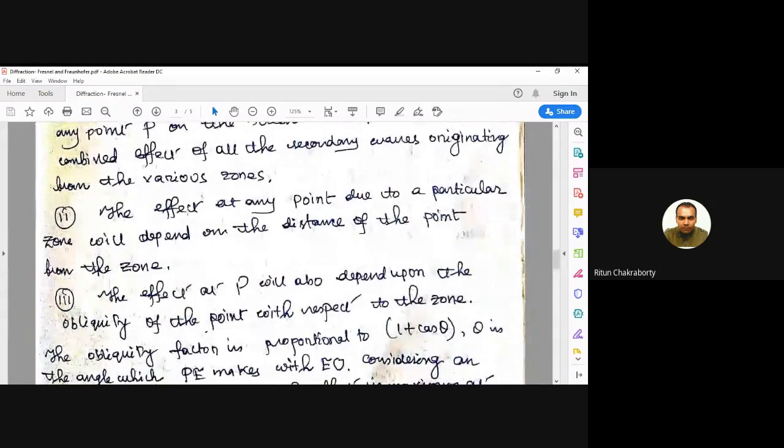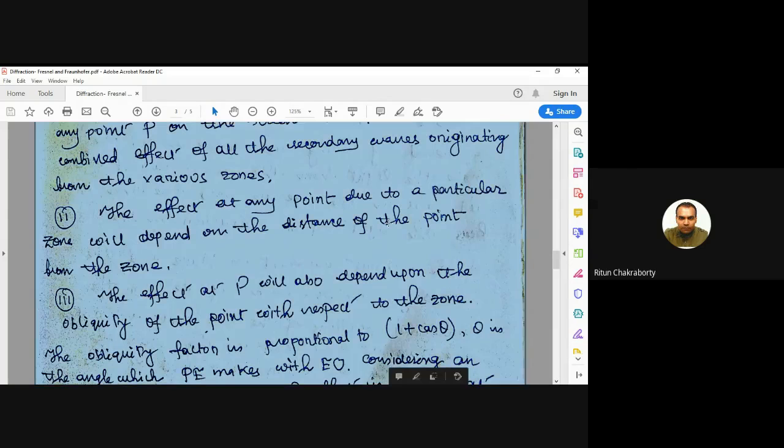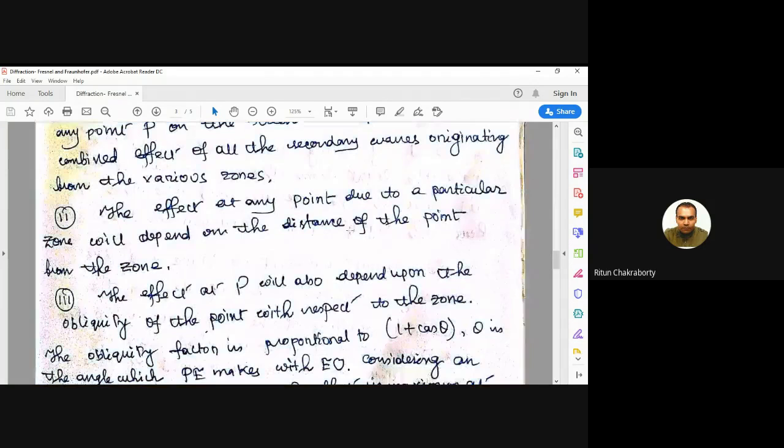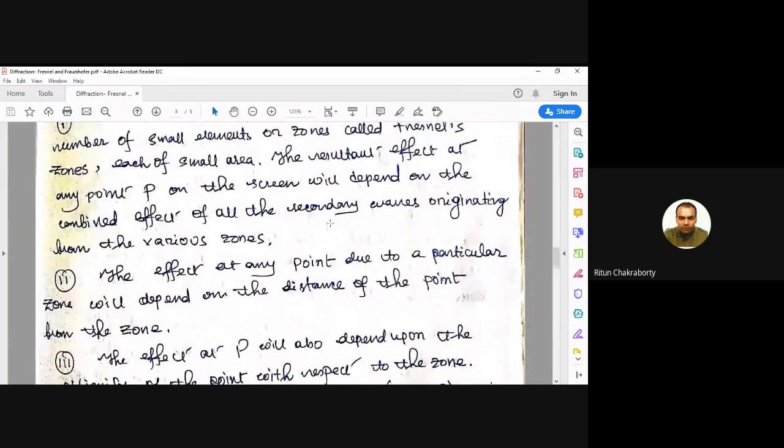The second point is that the effect at any point due to a particular zone will depend on the distance of the point from the zone. So at a point on the screen, the effect due to a particular Fresnel zone depends on how far the point is from that zone.